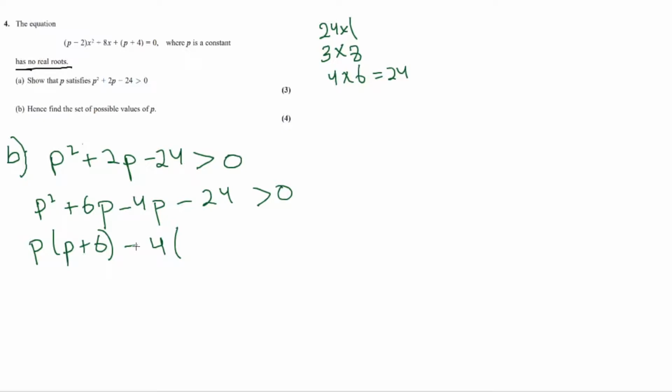Because I've pulled out a negative, this sign is going to become positive: negative 4 times p is negative 4p, and negative 4 times positive 6 is negative 24, right? So now I can write these down as factors: p minus 4 and p plus 6 is greater than 0.